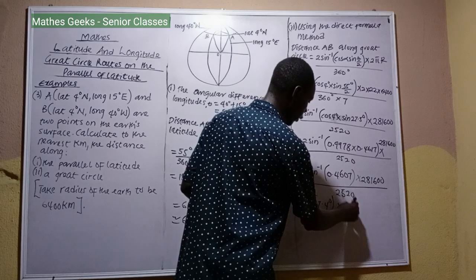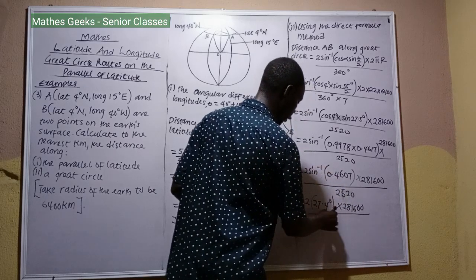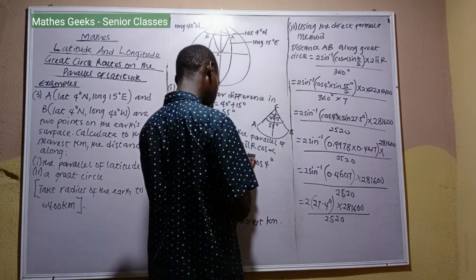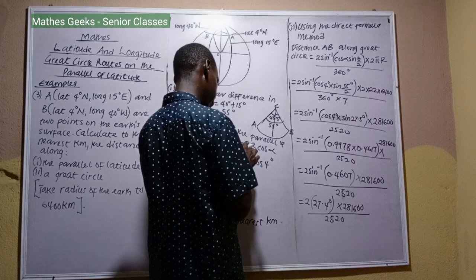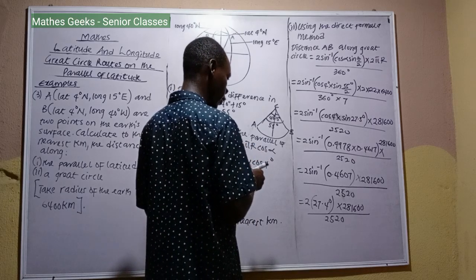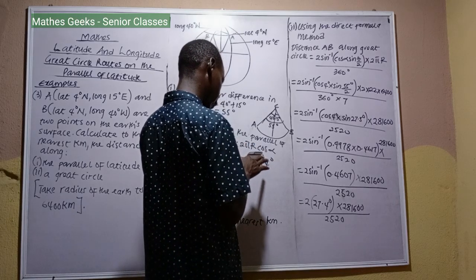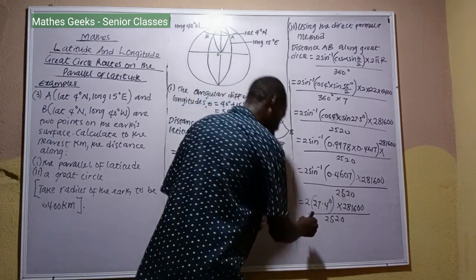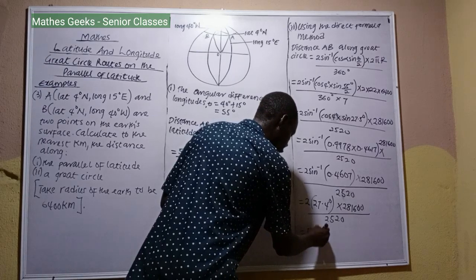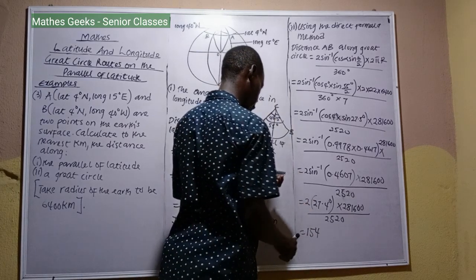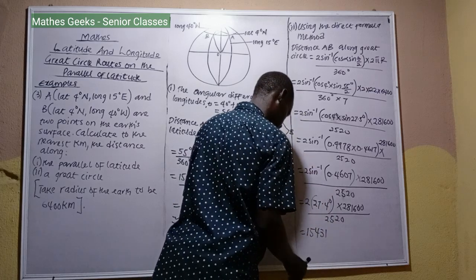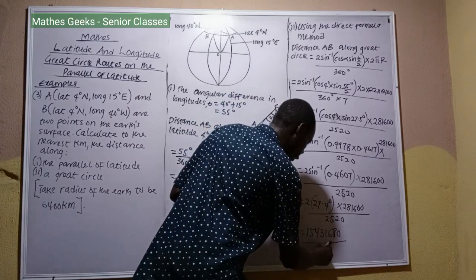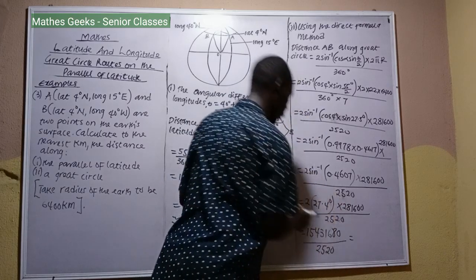So 2 times 27.4 is 54.8, times 281,600 gives 151,680, divided by 2520.